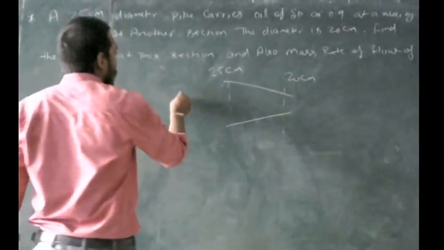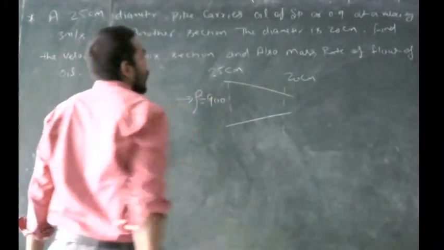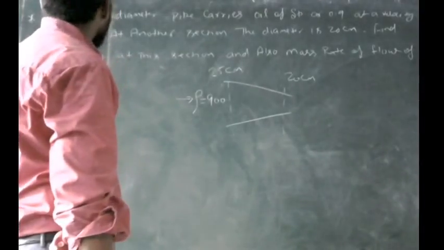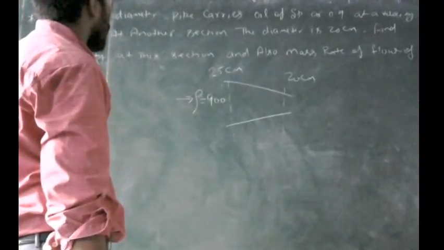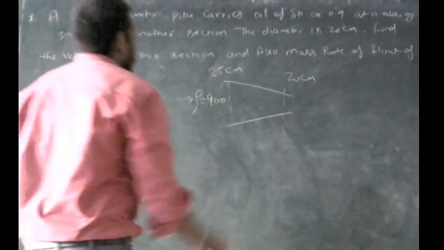Specific gravity of oil is 0.9, so density will be 900. Velocity is given, 3 meter per second.